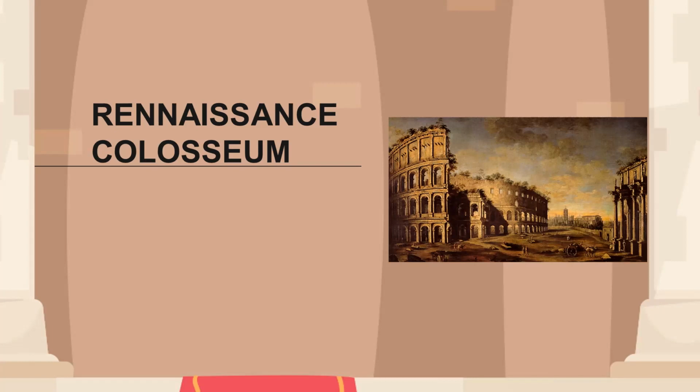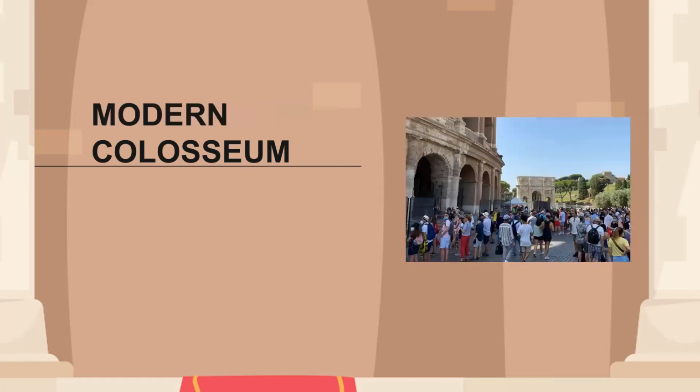Despite its partial ruin, the Colosseum continued to be a symbol of Rome's former glory and a testament to its rich history. During the Renaissance, interest in ancient Roman architecture and culture resurged, leading to a renewed appreciation and efforts to preserve the Colosseum. Several restoration projects were undertaken in the 19th and the 20th centuries, further enhancing its cultural and historical importance.